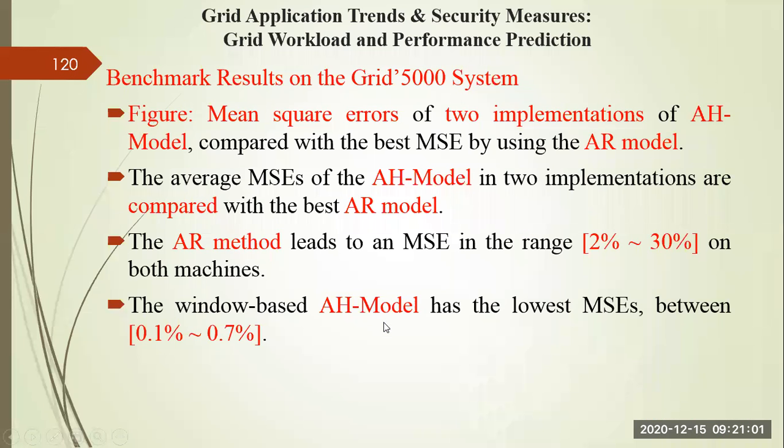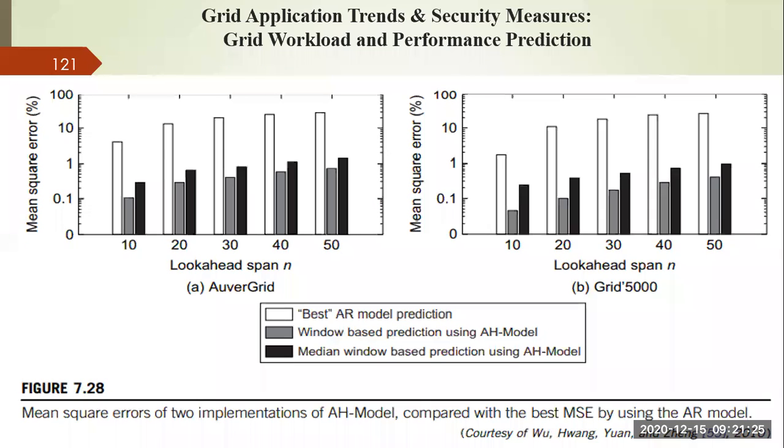So here they specify the AR method leads to an error in the range of 2% to 30%. See, 30% error is more, right? But if you go for the window based AH model, the error is the lowest, 0.1% to 0.7%, which is acceptable, right? So this is the comparison you can see.